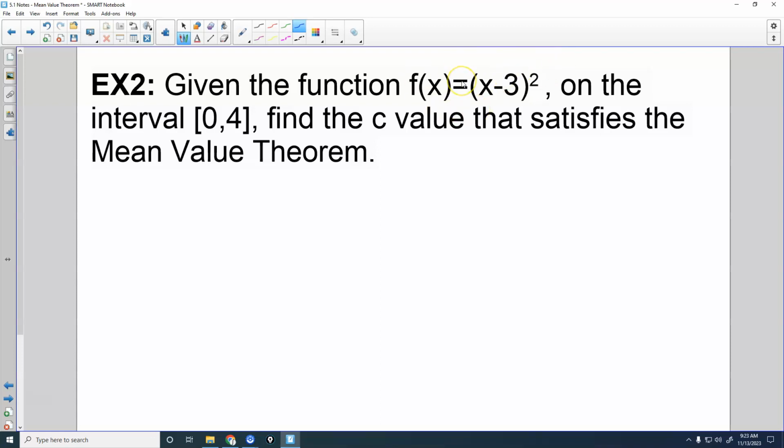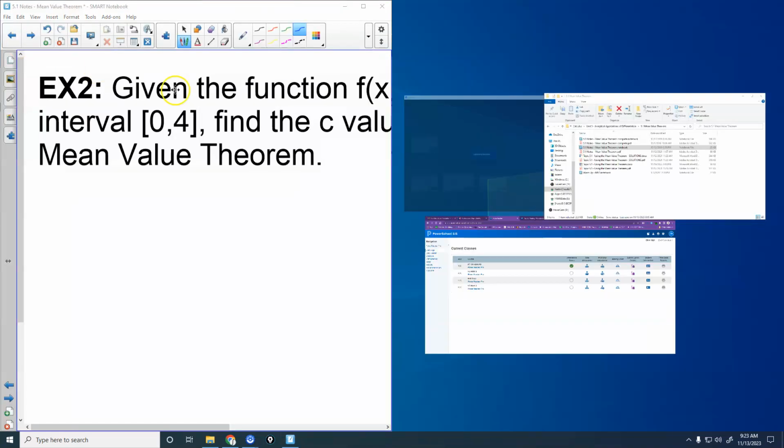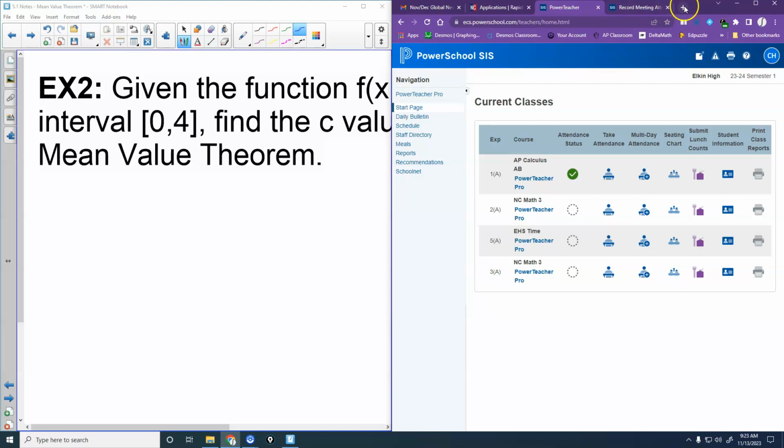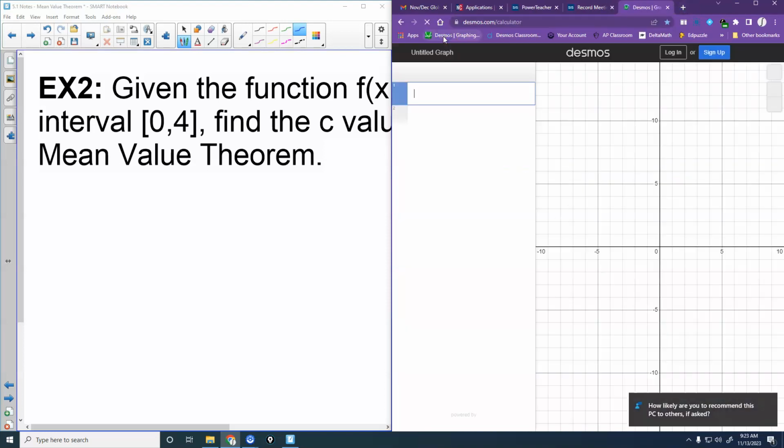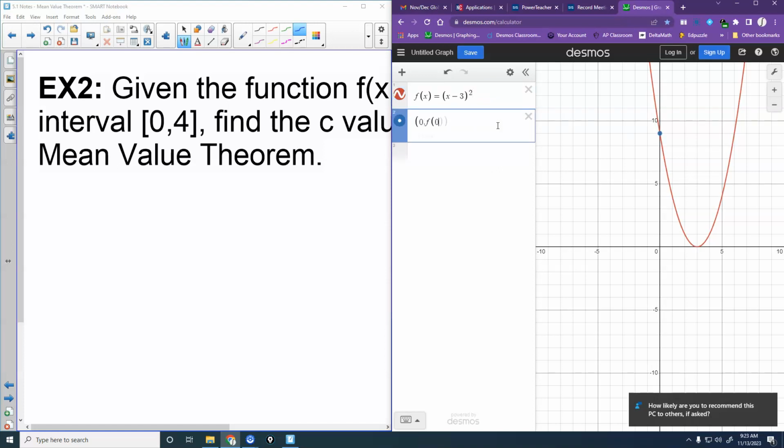But it would apply. In fact, let's graph it on Desmos just to get a picture of what's happening. That'll be better than if I hand draw this. So what we are looking at here is our function f of x equals (x minus 3) squared, and we are looking from 0 to 4.